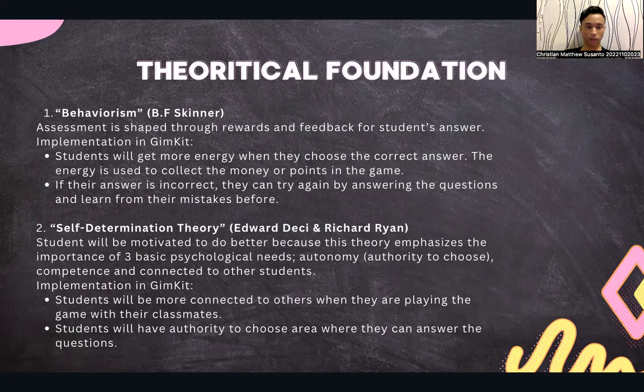Second is competence. And the last is connection to other students. For the implementation in GameKit, there are two types. The first is students will be more connected to others when they are playing the game with their classmates. And second is students will have authority to choose the area where they can answer the questions.